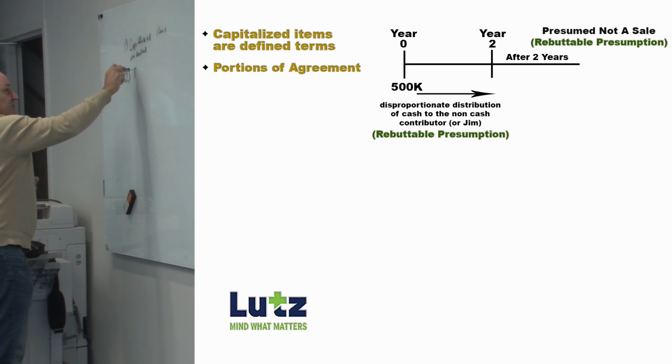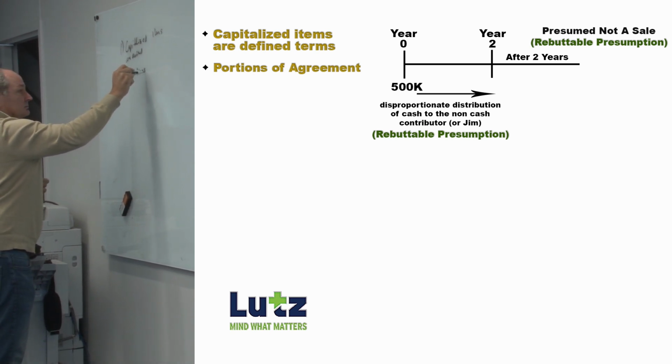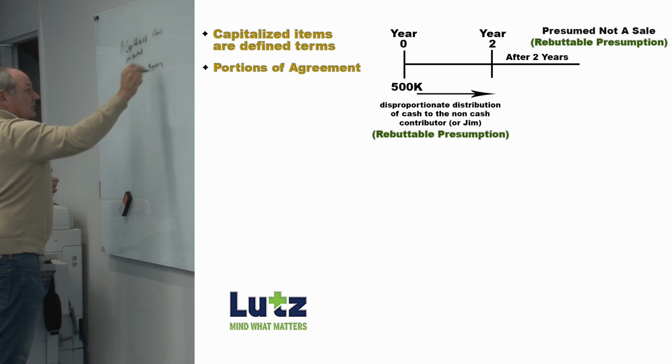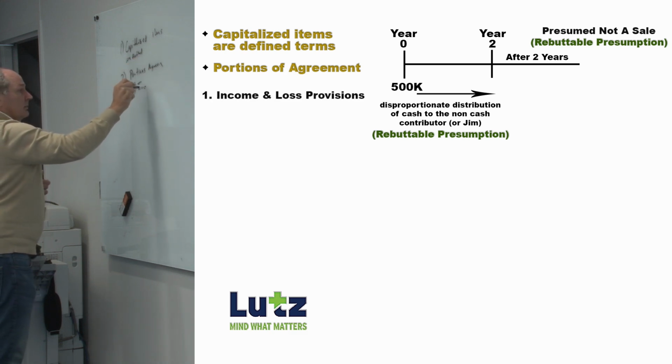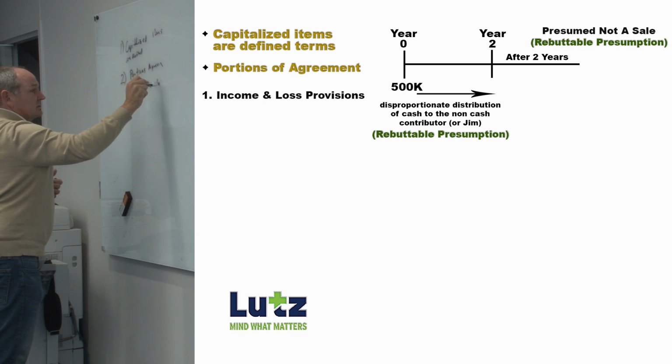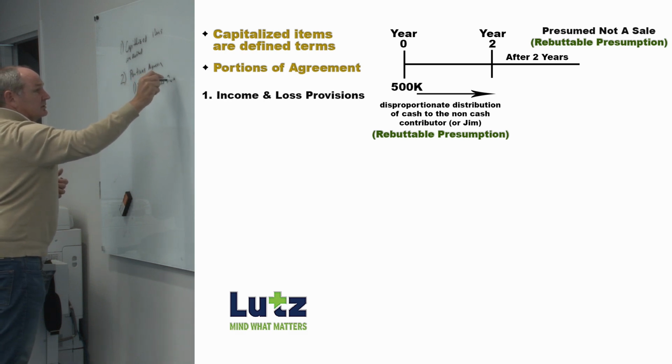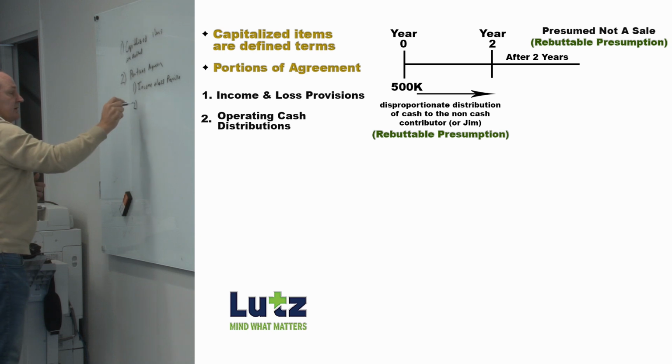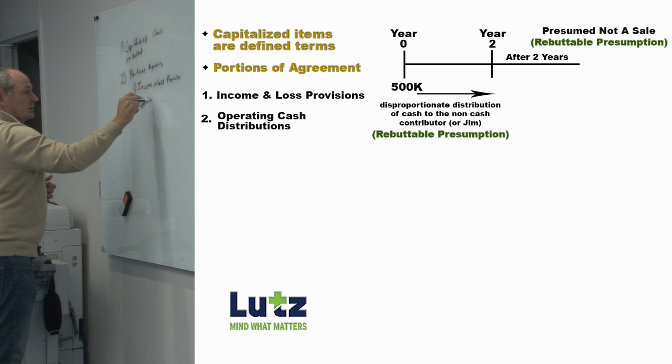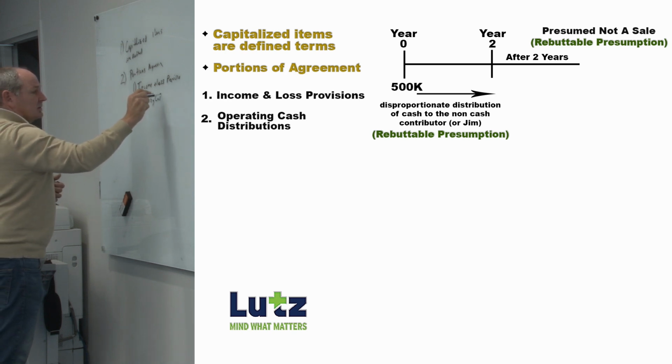The second thing that I personally do is focus on the portions of the agreement that I think are going to be helpful. One, the income and loss provisions. Two, operating cash distributions.